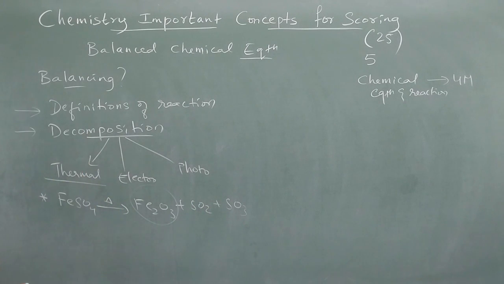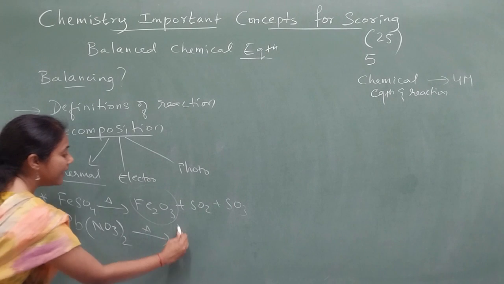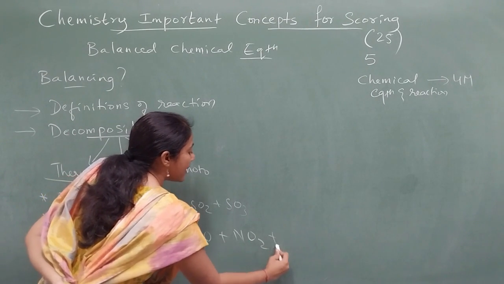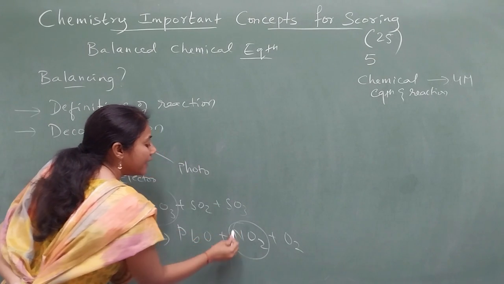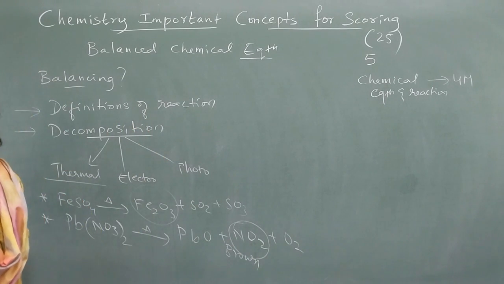Okay, fine. And another important reaction that you need to know is lead nitrate. So when lead nitrate is heated, you will get lead oxide, nitrogen dioxide, and oxygen gas. Here nitrogen dioxide is a brown colored gas.